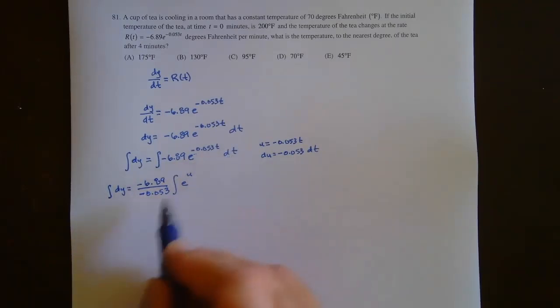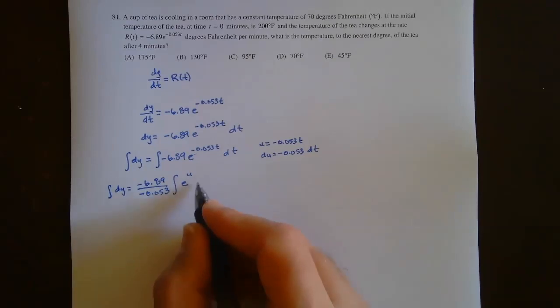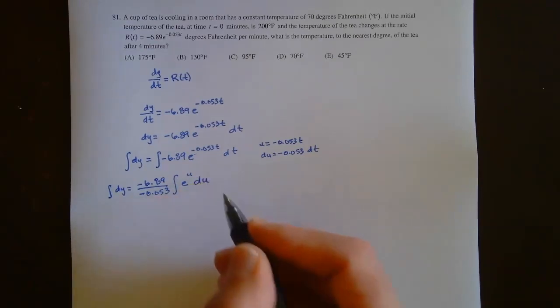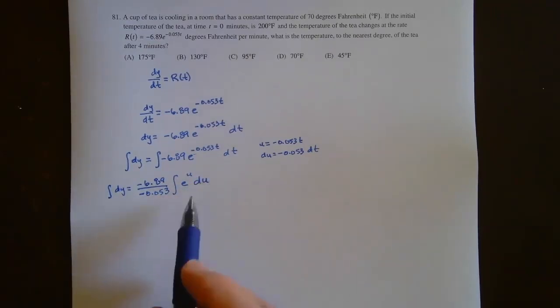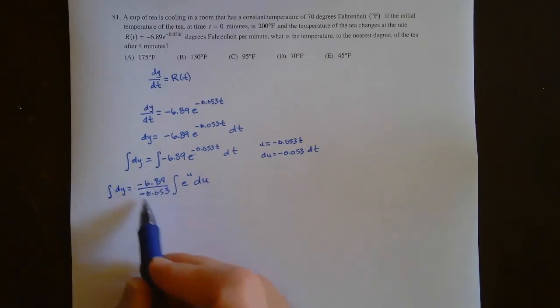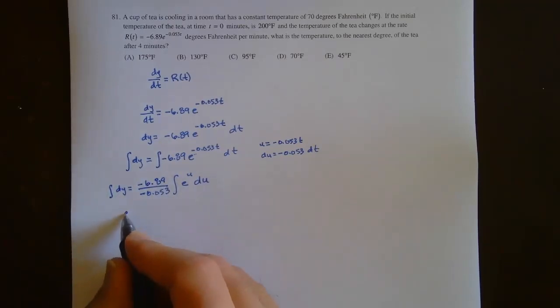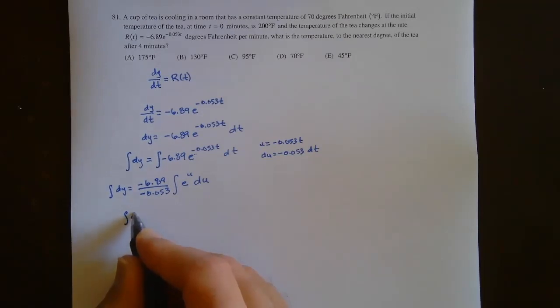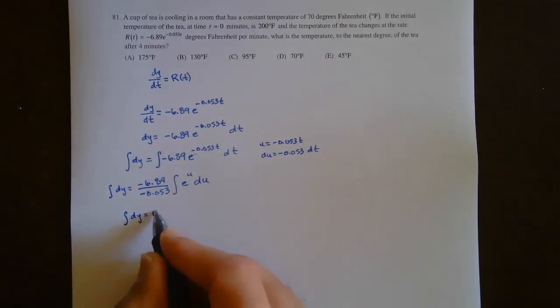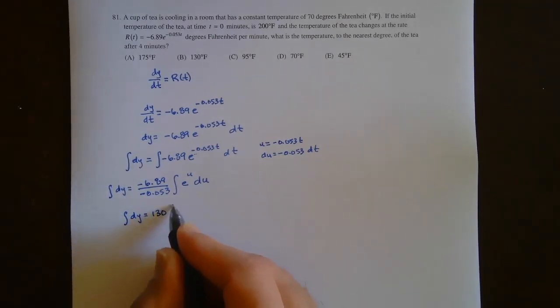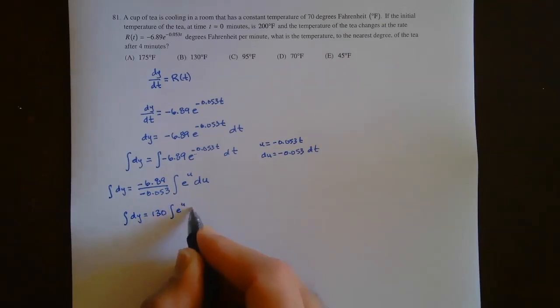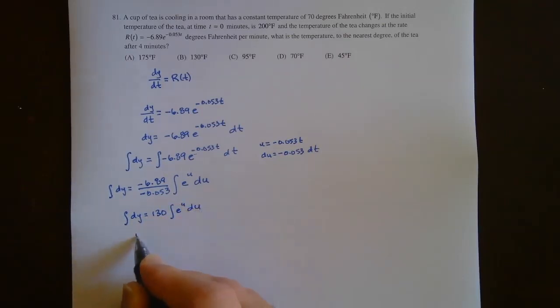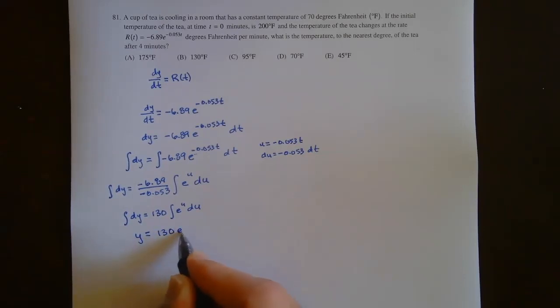So that's du. And then I can integrate this, right? Now this number right here becomes 130. So I have the integral of dy is equal to 130 times the integral of e to the u du. So this means y is equal to 130 e to the u plus a constant c.